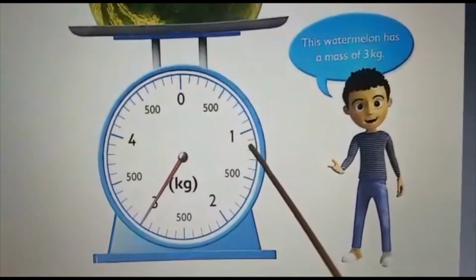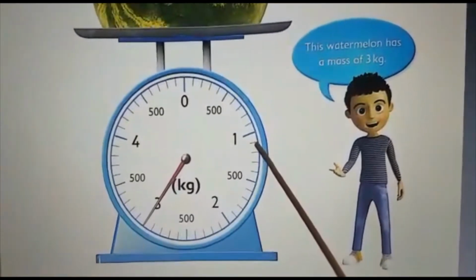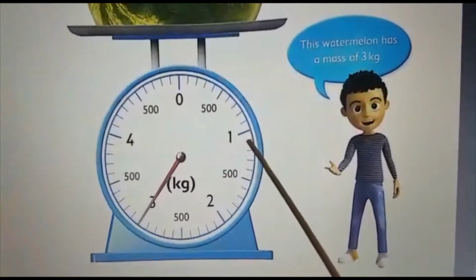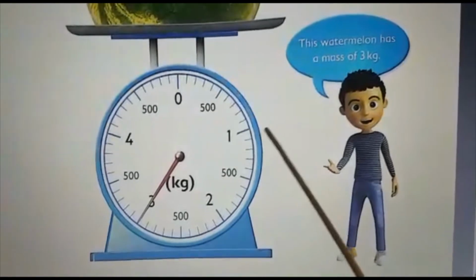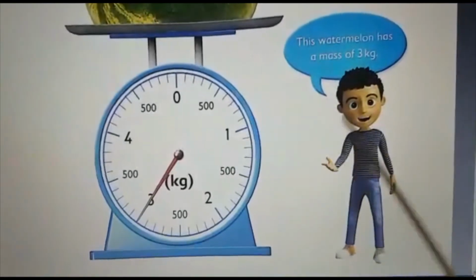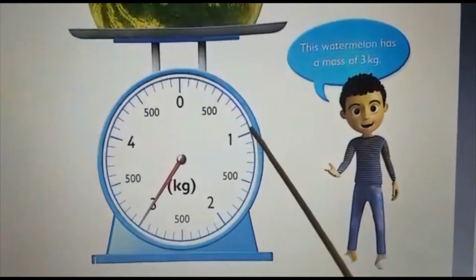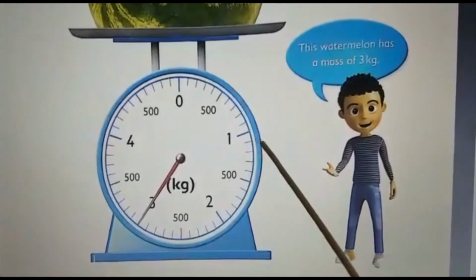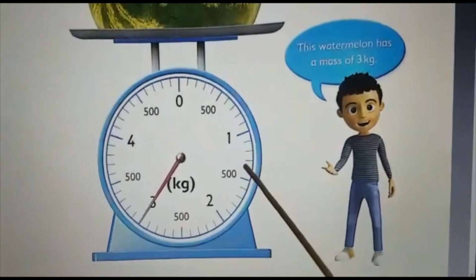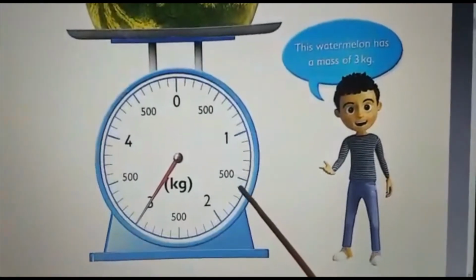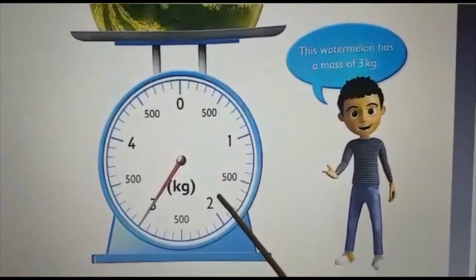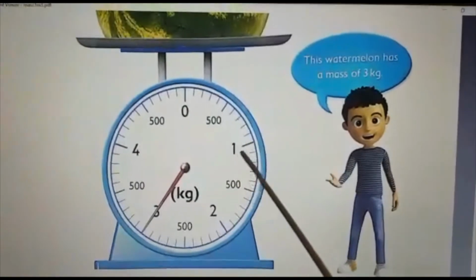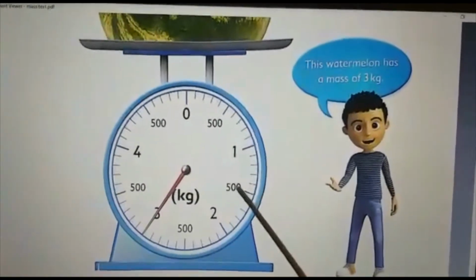After this, you can say 1100 gram, or 1.1 kilogram. Why 1.1 kilogram? Because 1100 divided by 1000 is 1.1. So we can say 1.2 kilogram, 1.3, 1.4, 1.5 kilogram. That is 1000 plus 500, 1500 gram is the same as 1.5 kilogram.